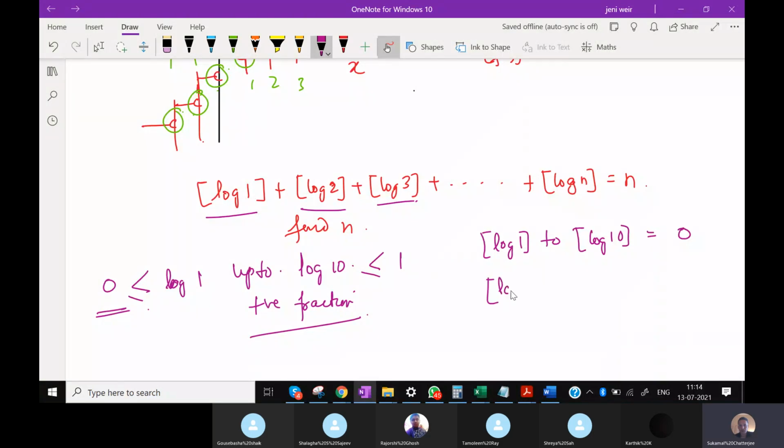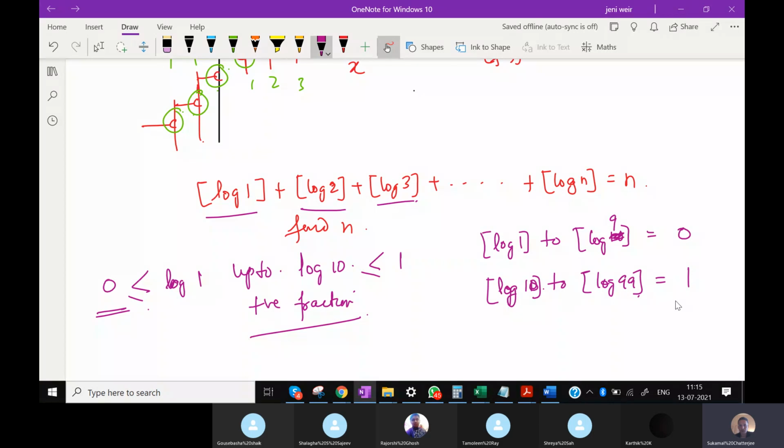Similarly, box of log 10 to box of log 99 will be equal to 1, because log 10 is 1, so box of log 10 is 1, and log 100 is 2, so box of log 100 is 2.